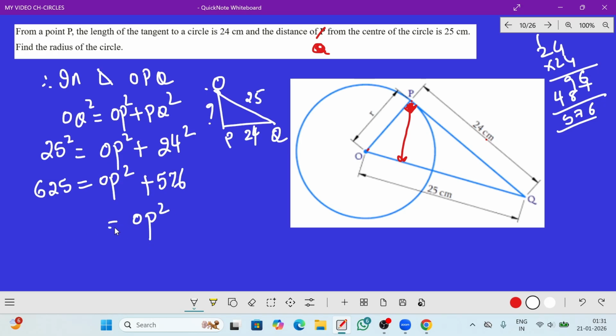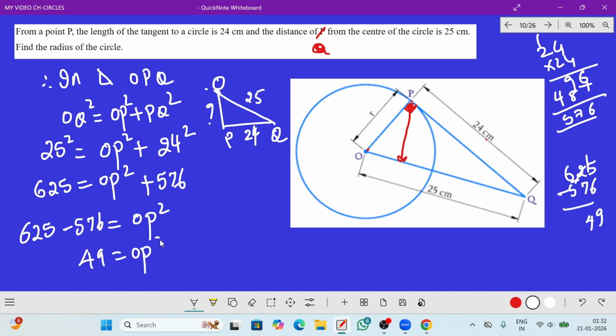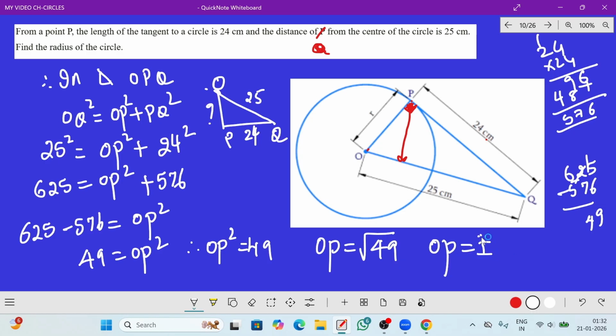OP square is equal to 625 minus 576, that is 49. So OP square is equal to 49, or OP is equal to square root of 49. OP is equal to plus or minus 7. Therefore, OP is equal to plus 7 centimeters.